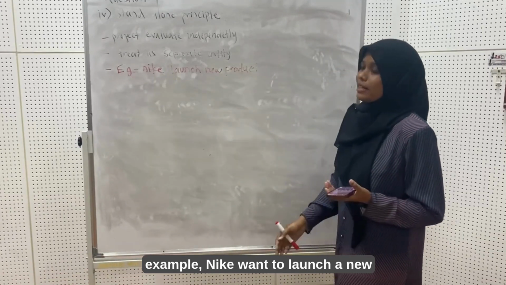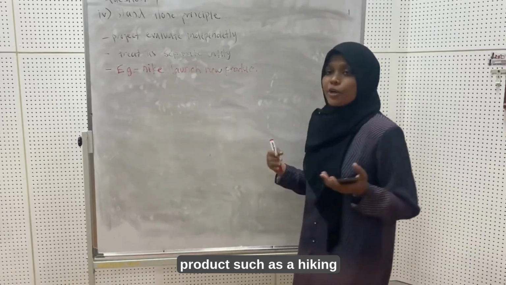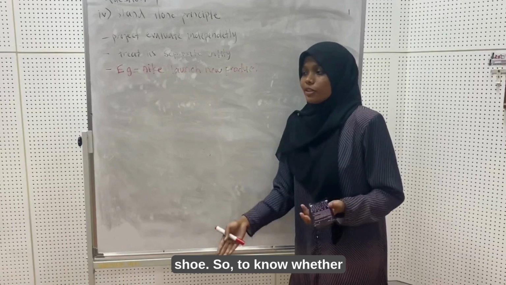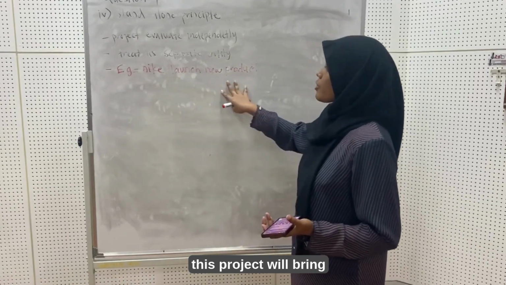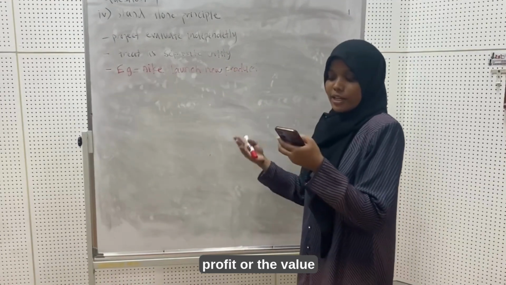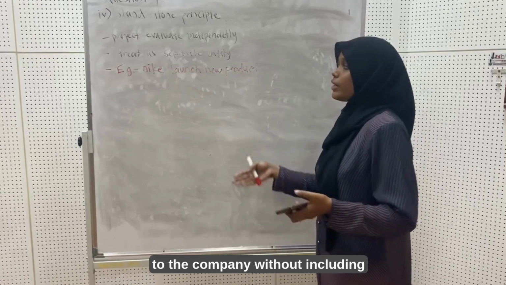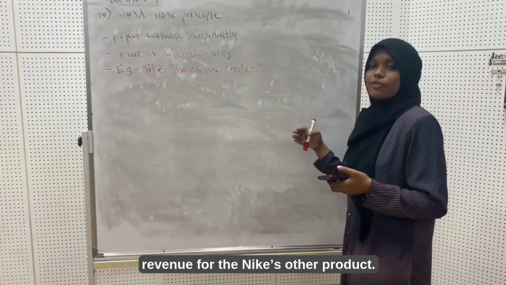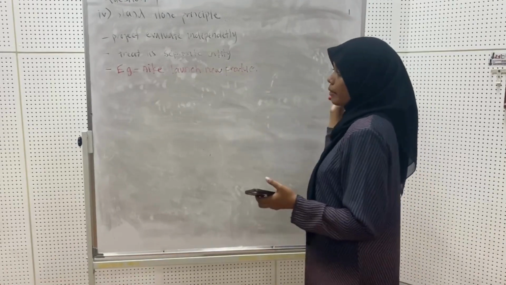For example, Nike wants to launch a new product, such as a hiking shoe. To know whether this project will bring profit or value to the company, we do not include the cost and revenue of Nike's other products.